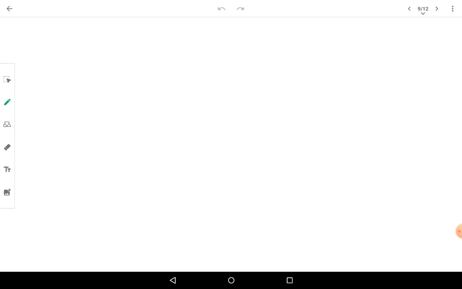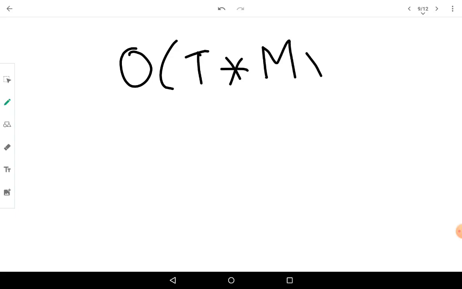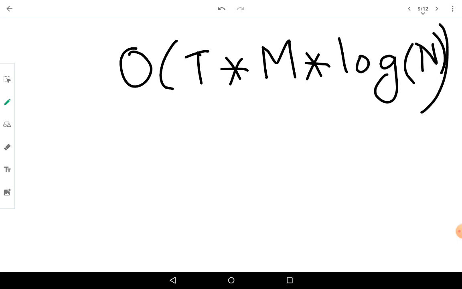So finally, if we look at the complexity of the solution, the complexity is order of t into m into log n, where t is the number of iterations, m is the number of edges, and n is the number of nodes.